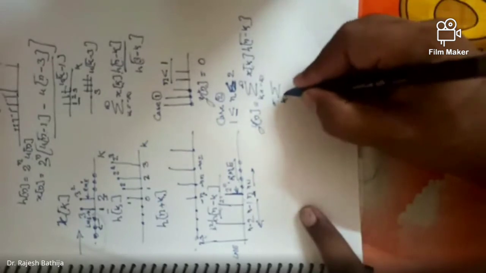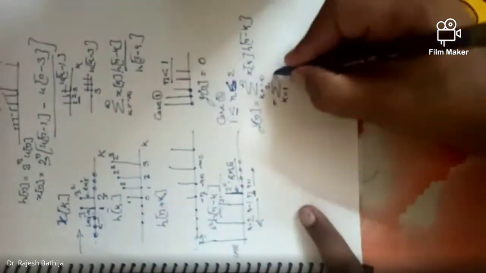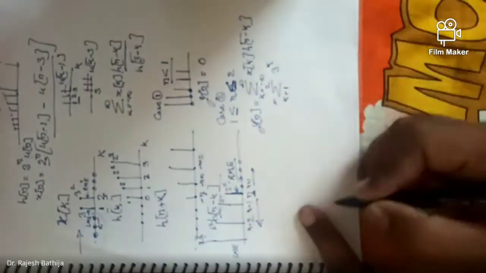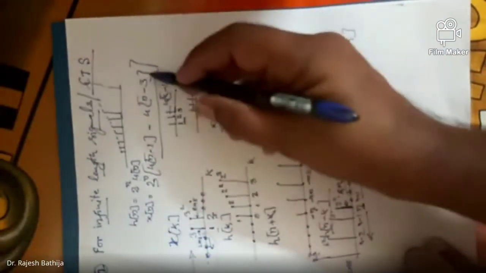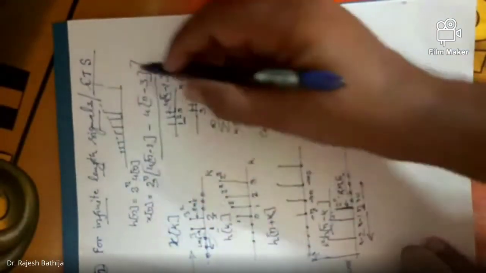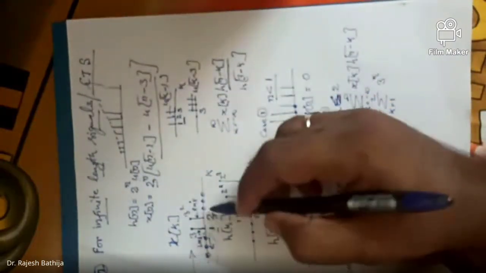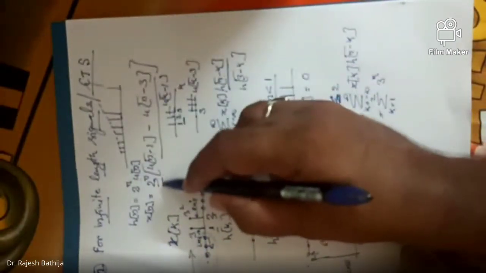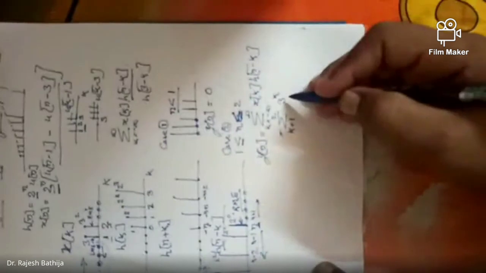So k values is from 1 to 2, right? And x of k is what? X of k is nothing but 3 raised to power k. Because you can see this is here 3 to the power n and this value is only for the direction purpose, right? Its value is 1. So we consider only these values for calculating this summation.